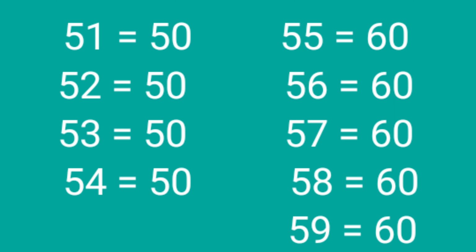Now, in the next column, you have 55, 56, 57, 58, and 59. So the tens place there is 5. And the numbers at the right side of the tens place are 5, 6, 7, 8, 9.